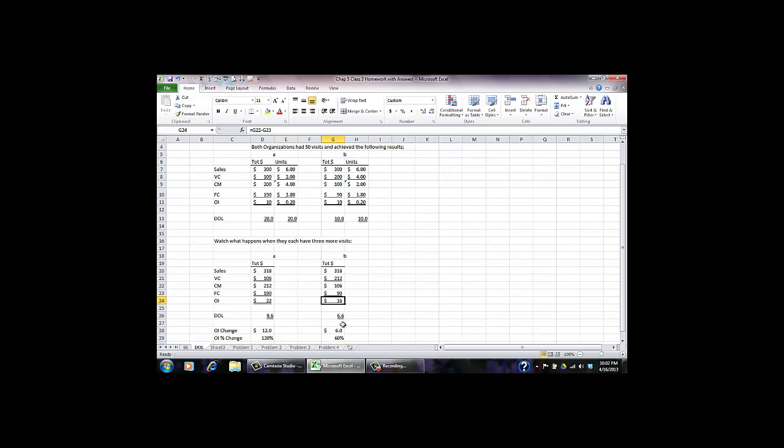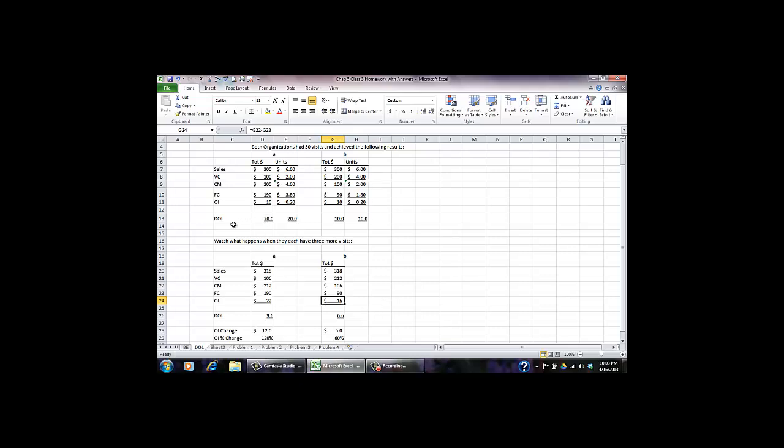Well, that's an increase of $6. But this organization, this is their bottom line. This is how much more money they made. So here, they've gone from 10 to 22, and here 10 to 16, on the same 3 visits where they got the same revenue per visit.